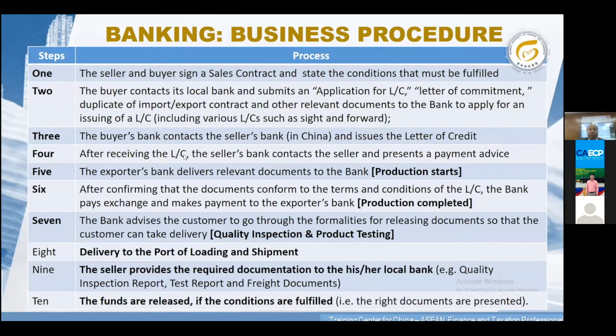The third step is where the buyer's bank contacts the seller's bank in China, if you are buying things in China, and the buyer's bank in Cambodia, for example, is giving the letter of credit, which was given by the seller's bank, going to the buyer's bank, and the buyer's bank is issuing it, giving it to the one who is entitled to it.